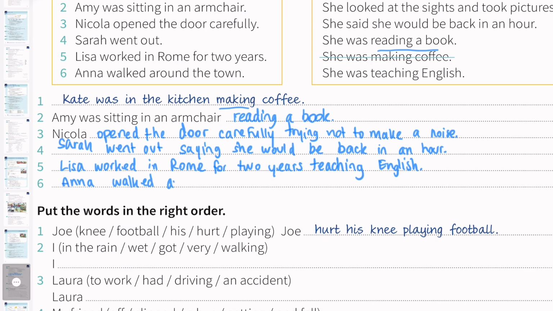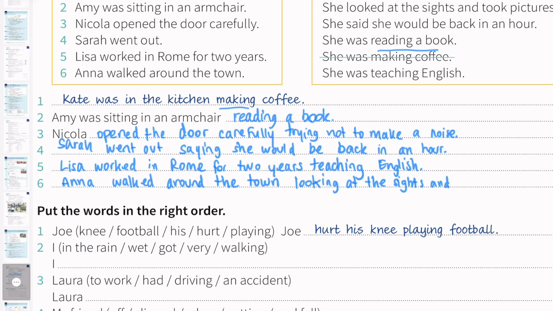And the last one we have to write Anna walked around the town. And we have to match with she looked at the signs and took pictures. It becomes looking at the signs, ing clause, looking at the signs, and took becomes taking pictures.